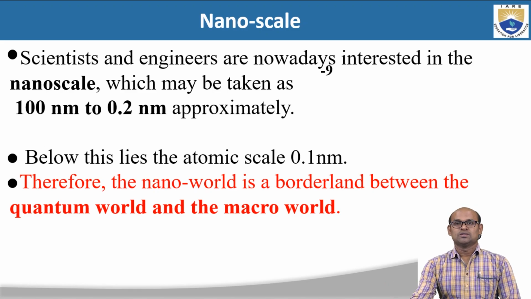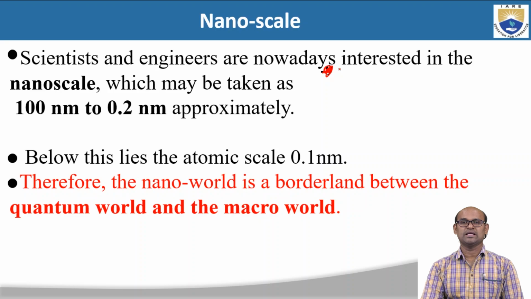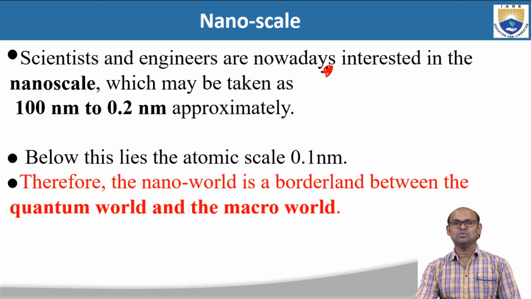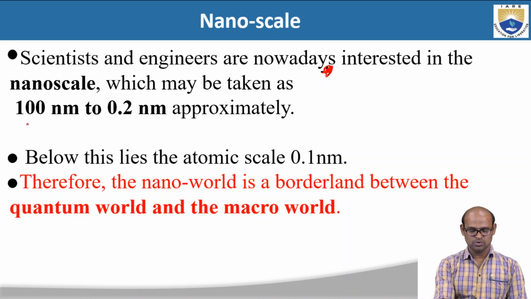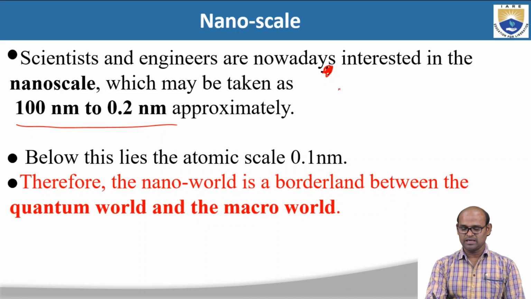Scientists and engineers nowadays are interested in the nanoscale, which may be taken as 100 nanometers to 0.2 nanometers. When we ask what the nanometer range is, or how to define the nanoscale, you can take 100 nanometers to 0.2 nanometers.